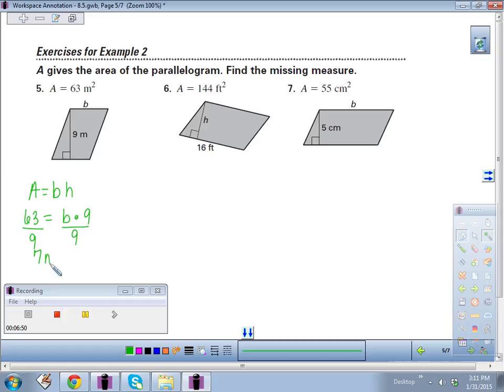We're talking about meters in this case. Number 6. Area is 144 square feet. The base is 16. The height we do not know. To get this h by itself, we divide by 16 on each side. And so number 6, we get a height of 9 feet.